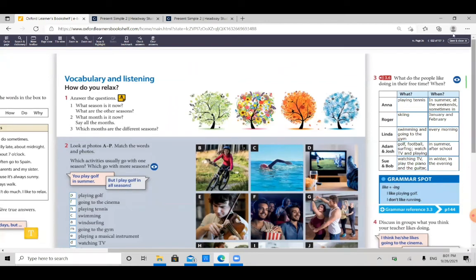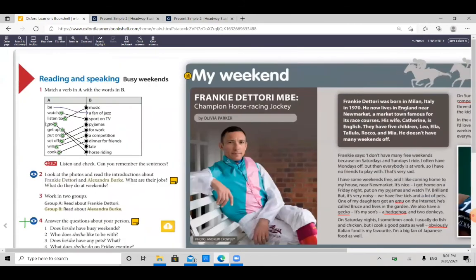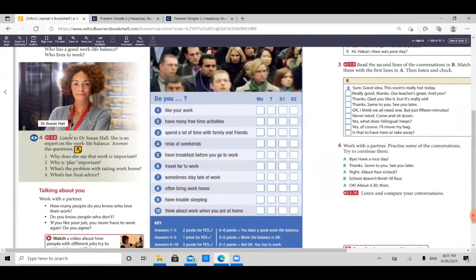Let's stop here for today. Tomorrow, inshallah, we will do the reading, and the last page, we'll try to finish the unit if we can manage. Please remember that next Sunday, you will have the quiz, unit 1, 2, and 3.